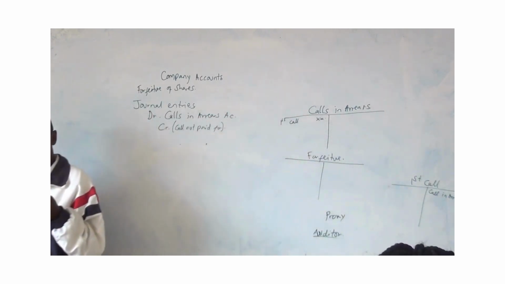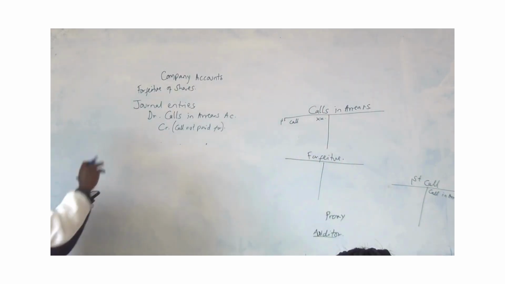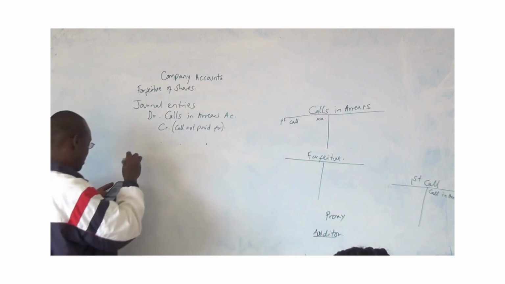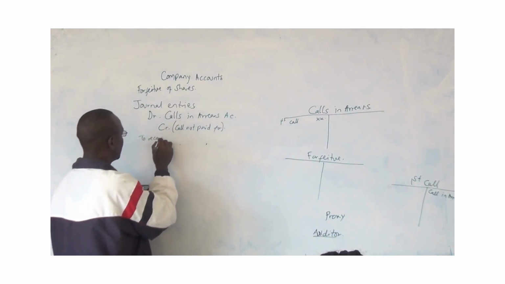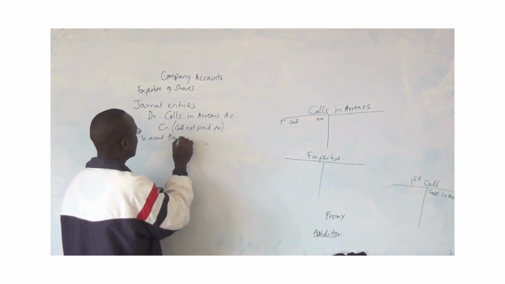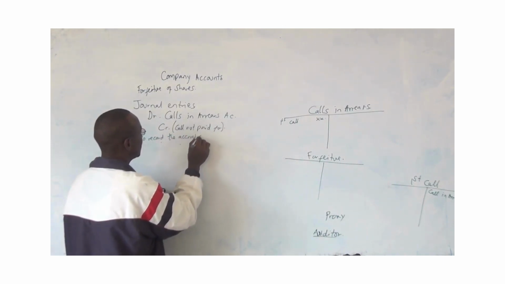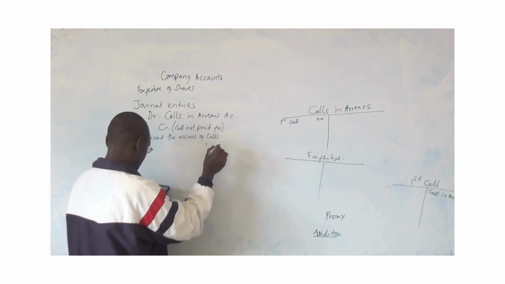Is it understood? Then secondly, you have to write the narration. This is to record the accrual of costs not paid for.